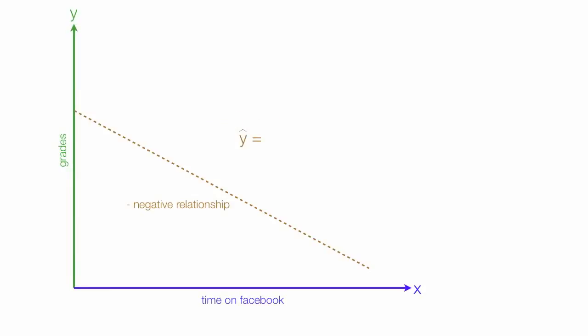Estimated grades is equal to b0 minus b1 times x, where x is time on Facebook. b0 is still the y-intercept, and it is a calculated value. The slope of the line is negative b1 because it's downward sloping, negative relationship. And as I said before, I'll show you how to calculate this equation in the next video.